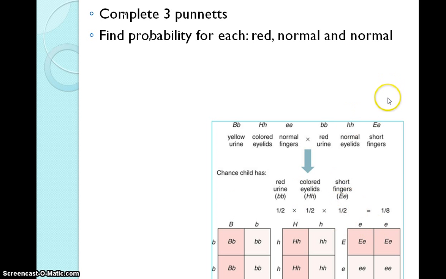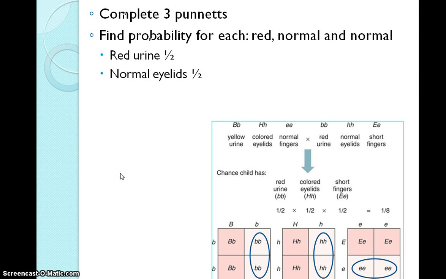We wanted to do slightly different combinations. We wanted to find red urine, normal eyelids, and normal fingers. So we did the little b, little h, and little e, the ones that I circled. So red urine is 1/2, normal eyelids 1/2, and normal fingers 1/2.